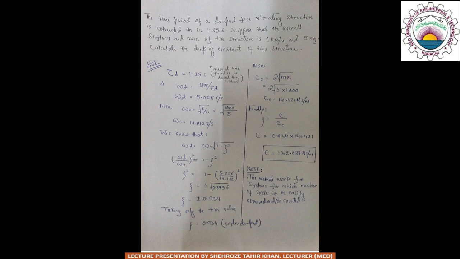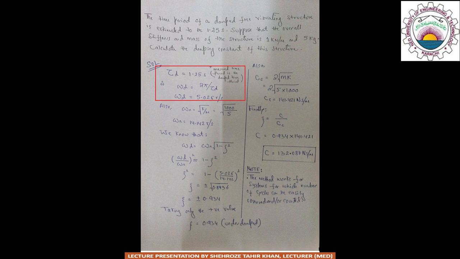So in the first step, we use the formula of time period, and from here we calculate the damped frequency. Since in the question we are provided with the damped time period, the damped time period gives us the value of damped frequency. So from here the damped frequency is found to be omega d is equal to 5.026 radian per second.